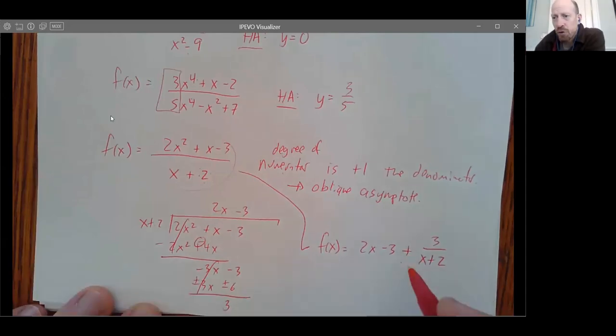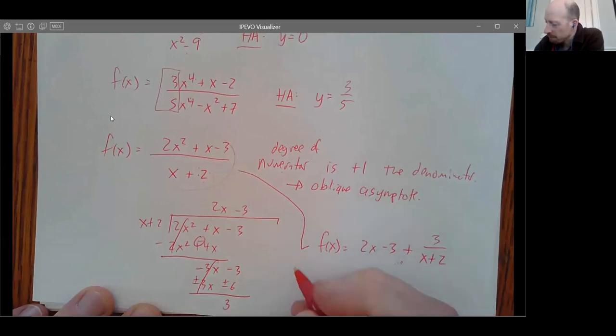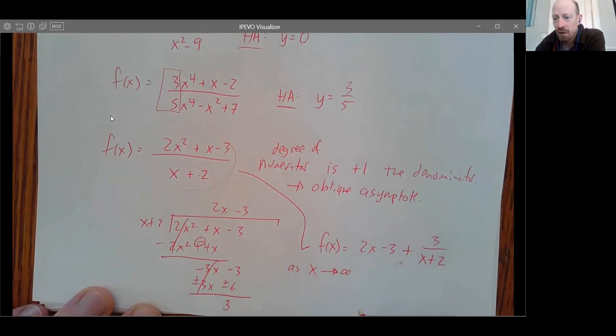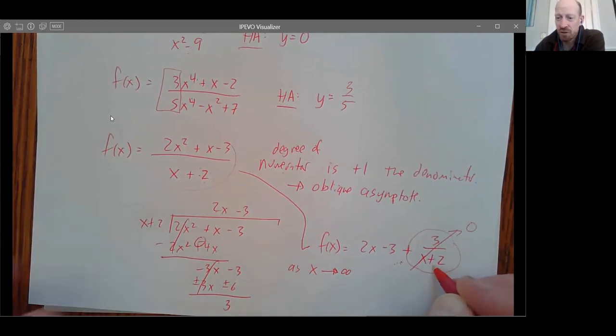Rewriting it this way, though, is going to allow me to see what happens to the function as x goes to infinity, as x gets bigger and bigger and bigger. This part here goes to 0. I get a really large number on the bottom. 3 divided by a really large number is close to 0.